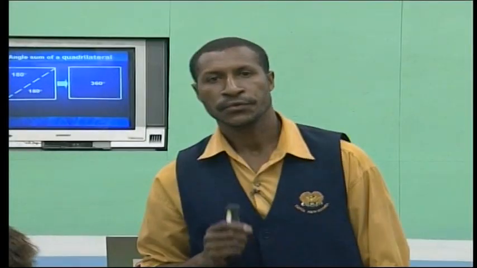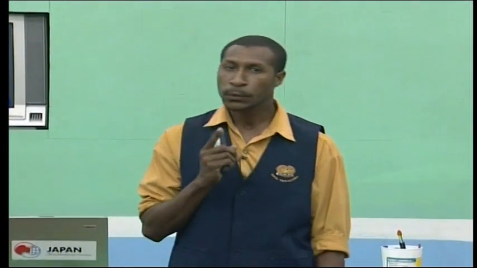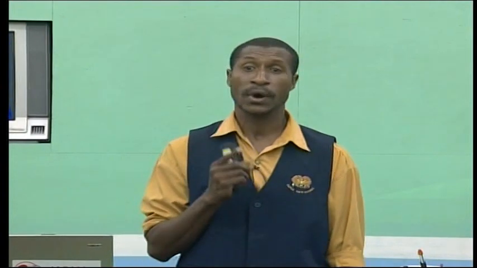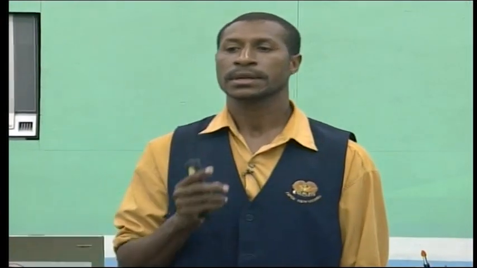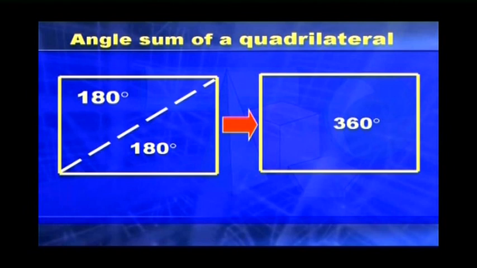Very good. Receiving students and 70s, if the angle sum of a triangle is 180 degrees, then from the example which I have shown you, the angle sum of the 2 triangles adds up to 360, which means that the angle sum of a quadrilateral is equal to 360.